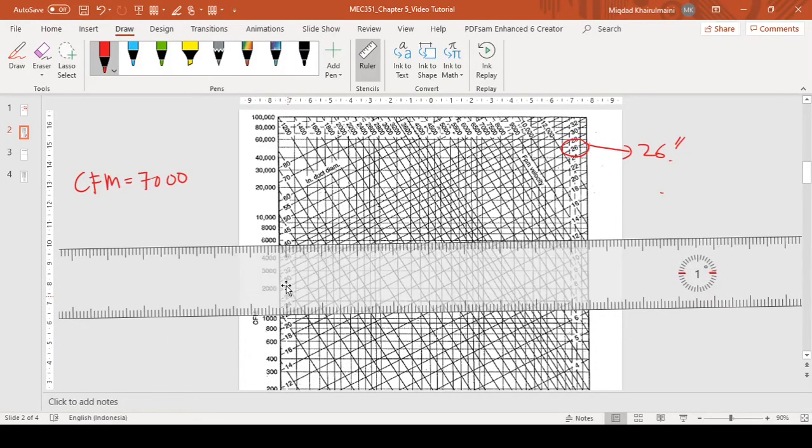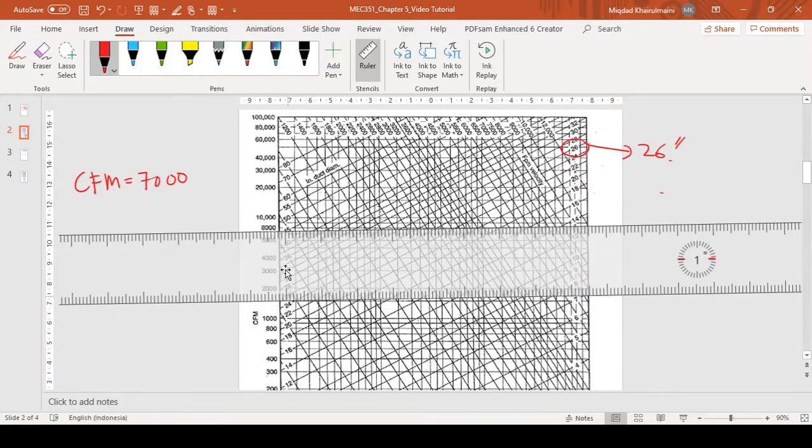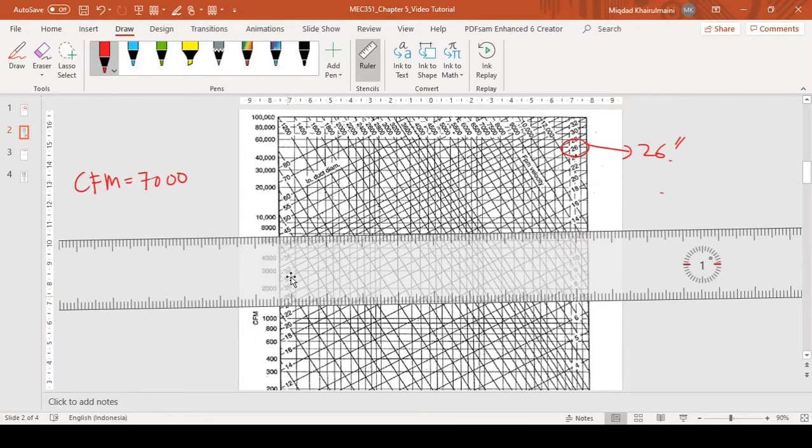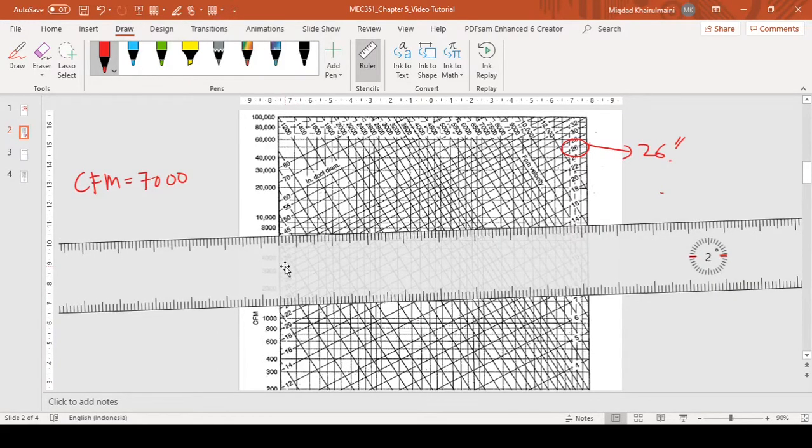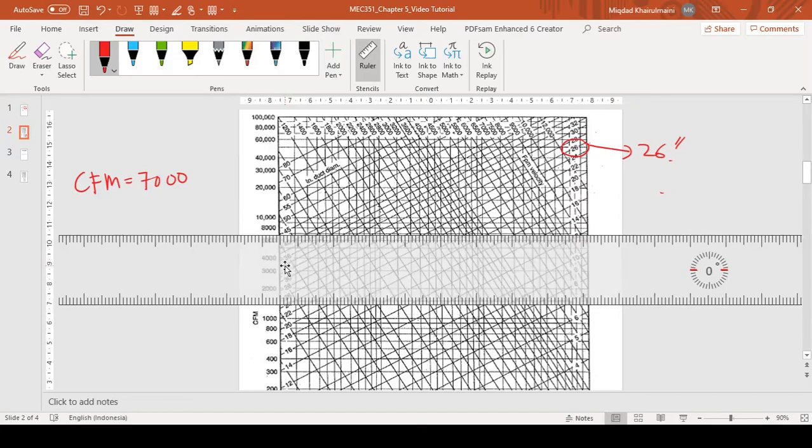So we have here 6,000 and 8,000. In between 8,000 and 6,000, we can draw a straight line here until it intersects with our diameter, 26 inches.